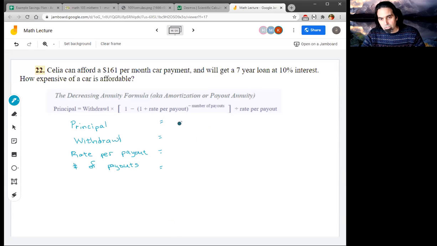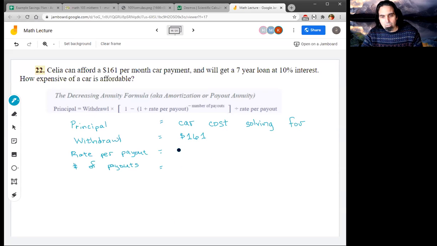So the principal is going to be his car cost that we're solving for. That's the big number. The withdraw is how much he's paying each time. Again, from the point of view of the loan, imagine you are the loan, this is how much comes out of you each time.